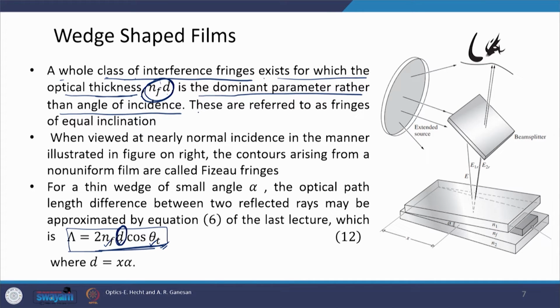And these fringes are referred to as fringes of equal inclination. Yeah, this is the new type of fringes, fringes of equal inclination. Thus, we are introduced to two types of fringes. First is fringes of equal thickness, and the second is fringes of equal inclination.